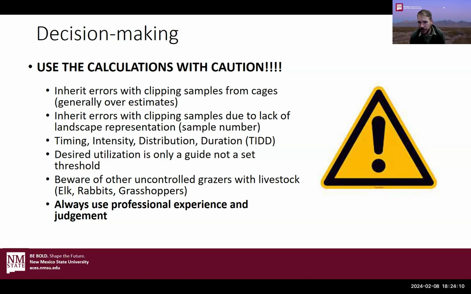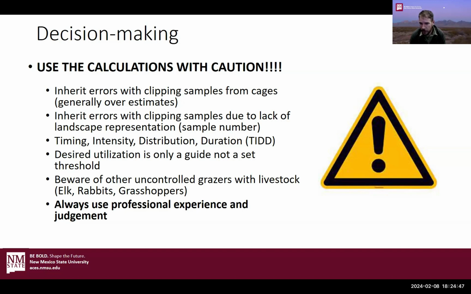Those are the annual cages. There are also inherent errors with clipping in general if you don't select sites that represent the landscape, because you're just taking a subsample of the whole. We don't have time to clip the whole pasture, and most of the time we can't mow the whole pasture. But the more clippings you take, the closer to that available forage you can get.